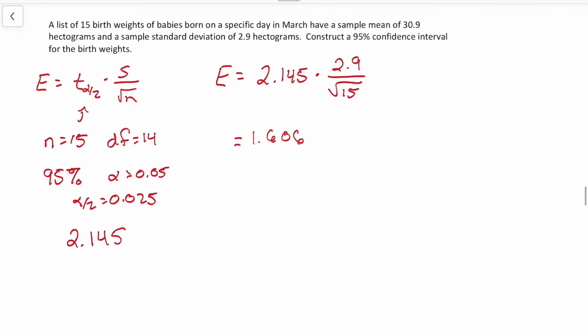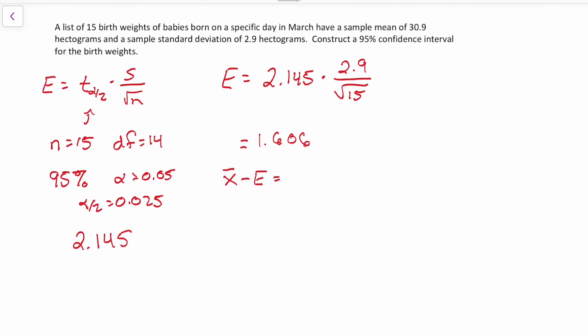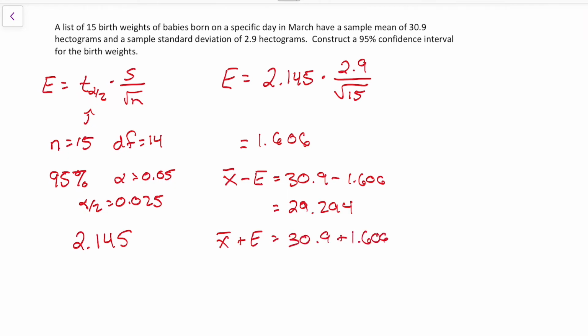So to construct my confidence interval, I'll have to take my sample mean and subtract my margin of error, which is going to be 30.9 minus 1.606, which becomes 29.294. And my upper bound is going to be my sample mean plus my margin of error, which is going to be 30.9 plus 1.606.